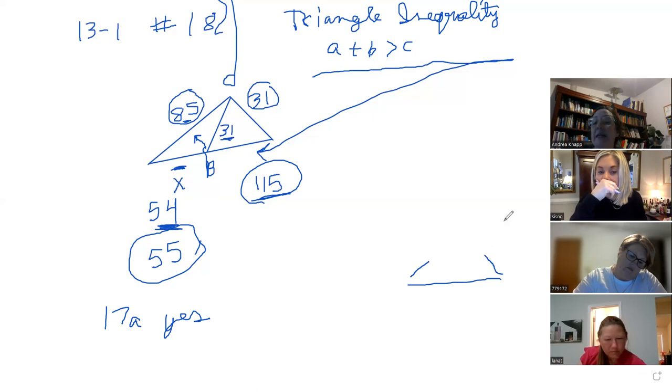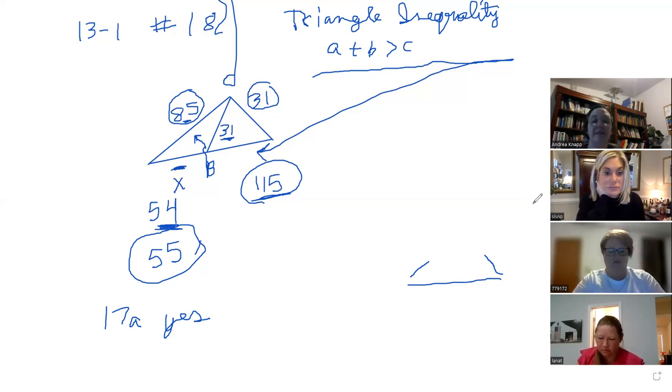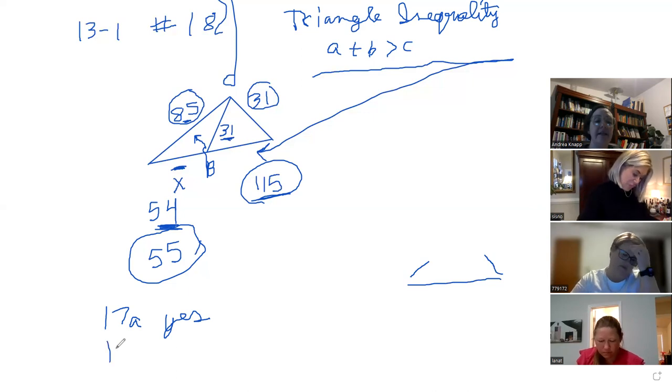There's no way they can meet, because these two sides are too short. So it's a fun discovery activity, really. The 17B in 13.1 would be no.